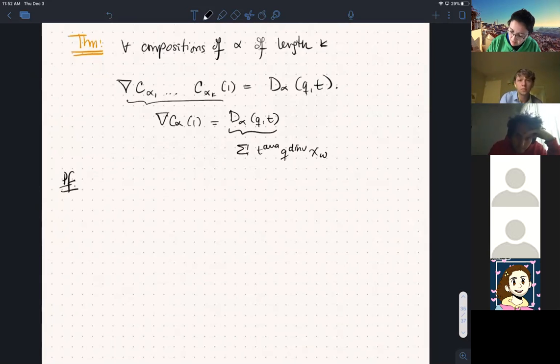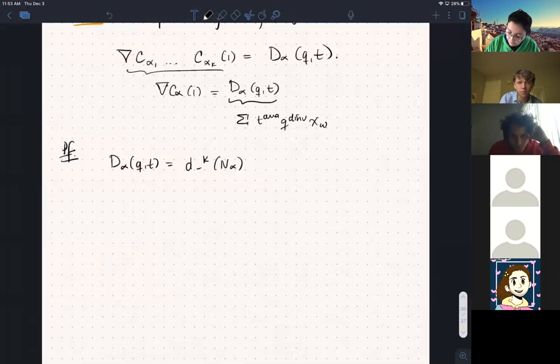So we're going to start by massaging the D alpha side. This is supposed to equal D minus K, there you go, that was the coefficient I was missing, of N alpha. That was the theorem we proved last time, right? Now, this is going to equal D minus K of this curly N, this involution, applied to Q to the alpha minus K of Y alpha.